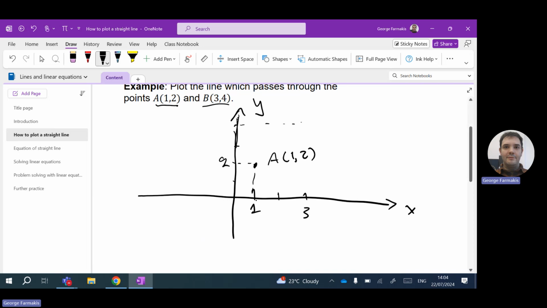So let's say it's over here. So this is B. Now we have those 2 points, and we can join the points, and then we extend this line. So this is the line that passes through the points A (1, 2) and B (3, 4).